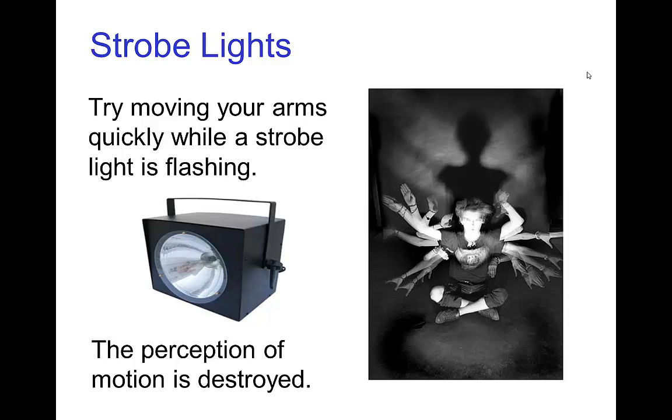Then if you quickly move around, say flail your arms around, you won't actually perceive your arms as moving. It just appears as if they are multiple images. This is just another example of the disruption of the perception of motion. In this case, the strobe light takes the role of the frame rate in animation.